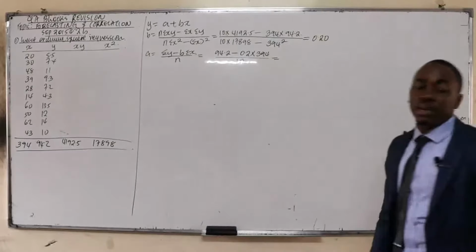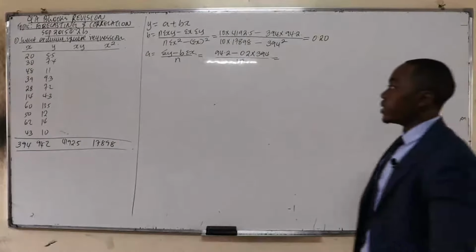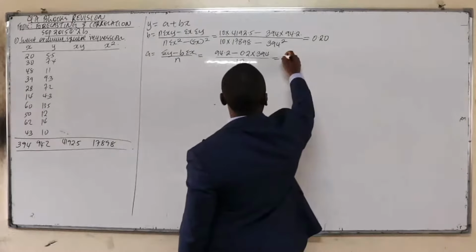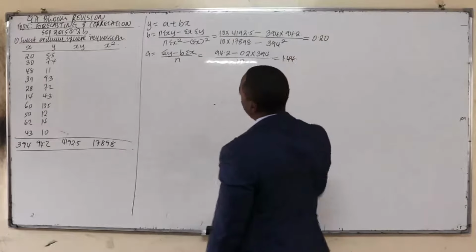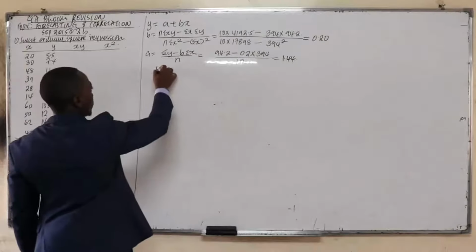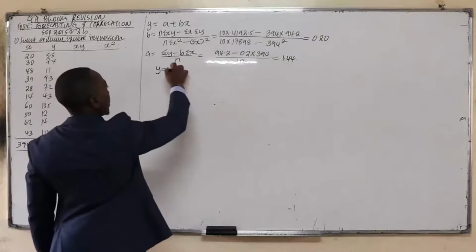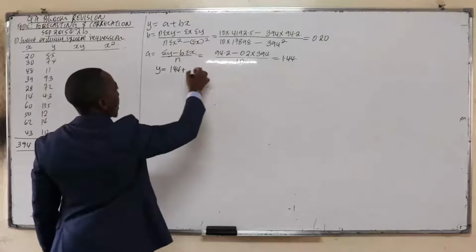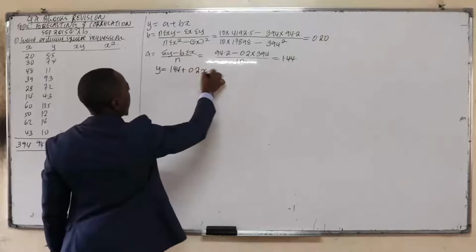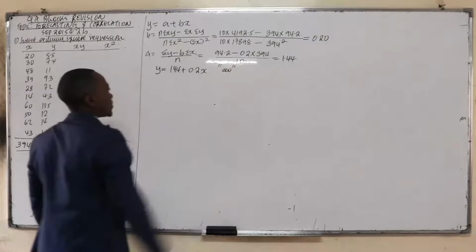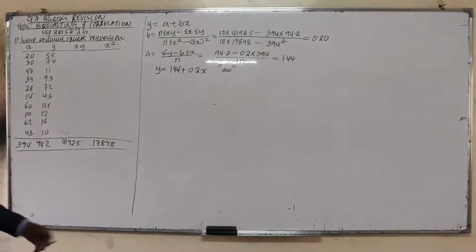Shift number 2, replay forward, give me A: 1.44. So our forecasting equation of the linear regression is y equals 1.44 plus 0.2x, and you can write in brackets that your figures are in thousands. Good.